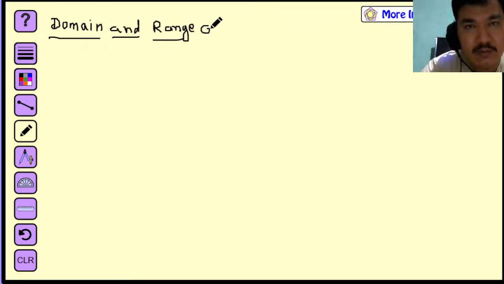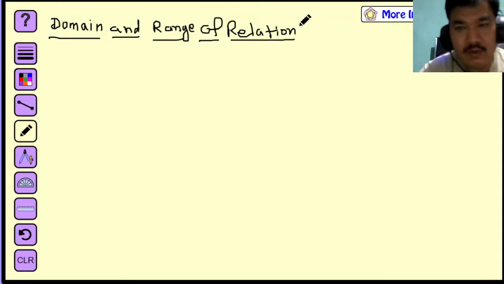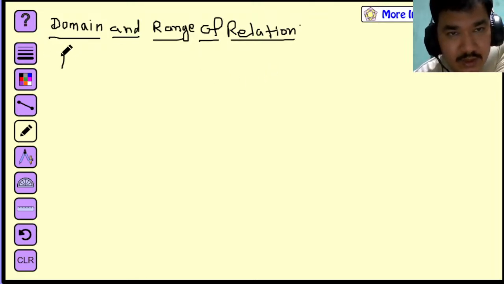Domain and range of relation, okay. Topic is like this, look here. And look, children, in this topic, suppose there is one relation found there.